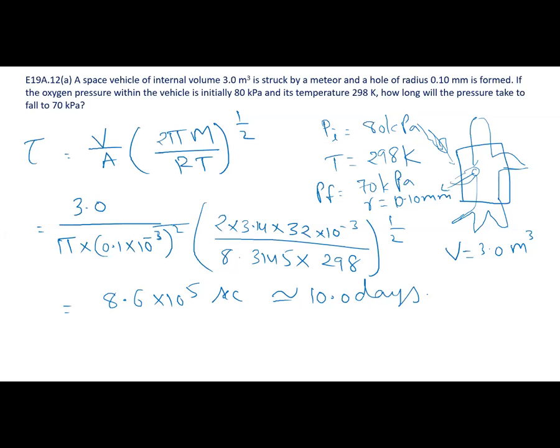This is not what we want. This is the relaxation time. What we need to find is the time it takes for the pressure to drop from 80 kilopascal to 70 kilopascal. And we saw from the previous question that the time is given by tau times ln p over p naught, or in this case, p initial over p final.